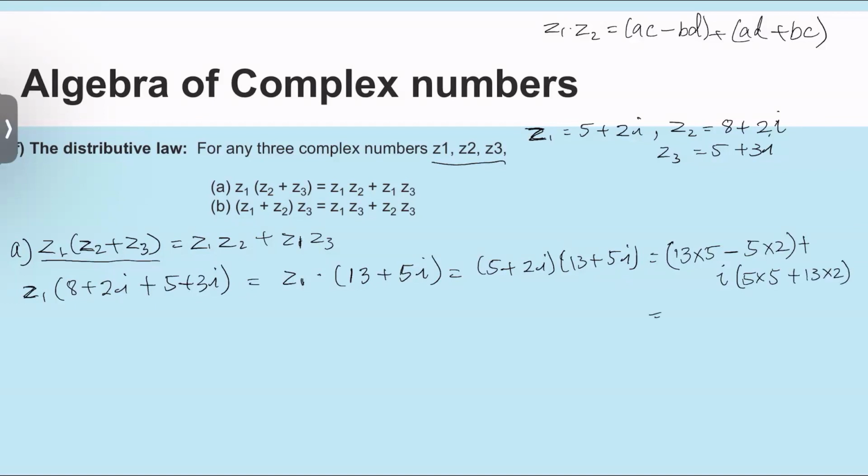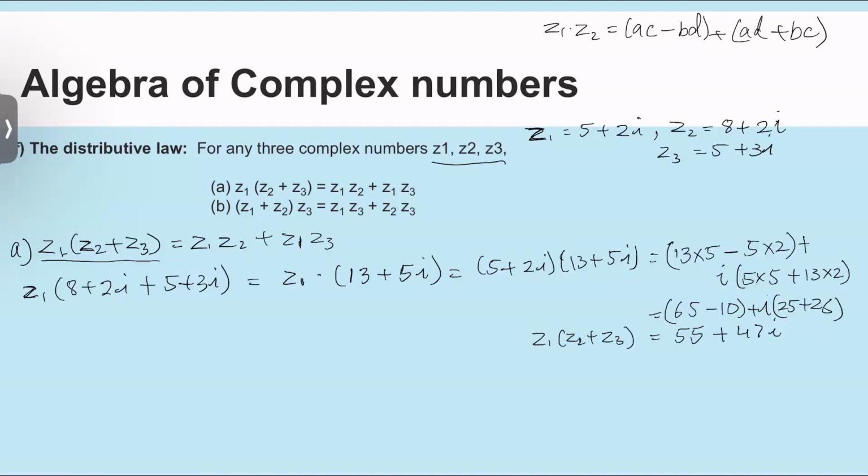So what you get is 65 minus 10 plus i(25 plus 26). So what you are left with is 55 plus 47i. Okay, so this is actually Z1 times (Z2 plus Z3).